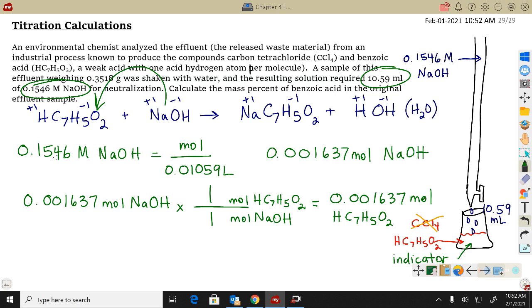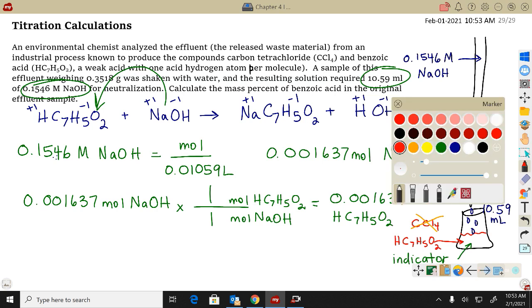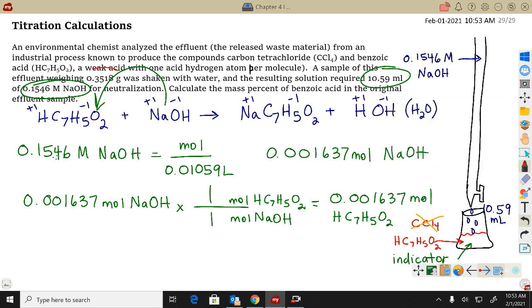Or we can take that a step further. Here they really want us to calculate the mass percent of benzoic acid in the original waste sample. The waste sample was this guy. It's 0.3518 grams of that effluent, which was this waste mixture that contained benzoic acid and carbon tetrachloride.